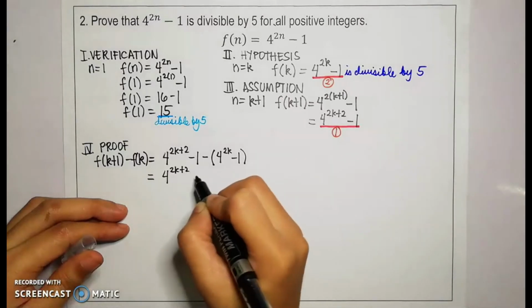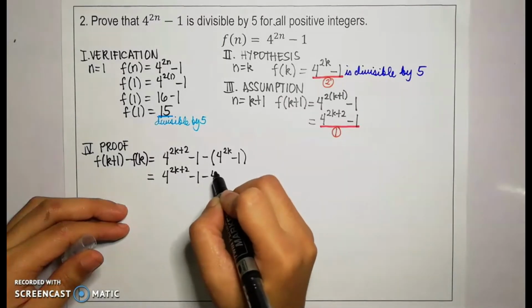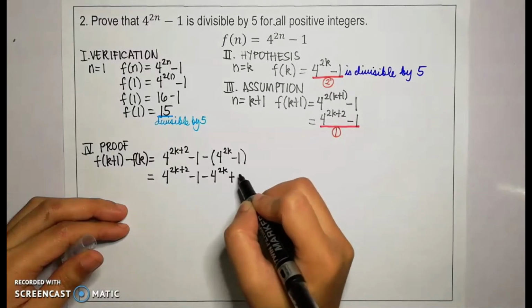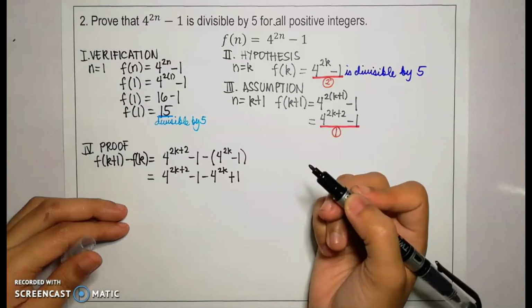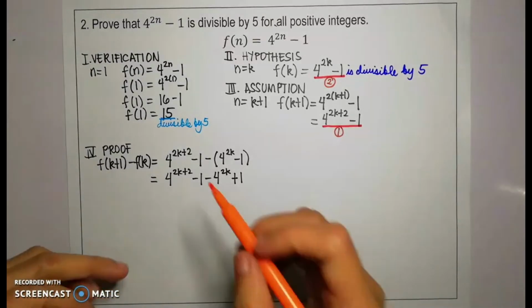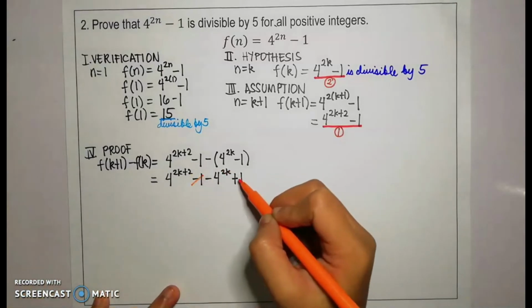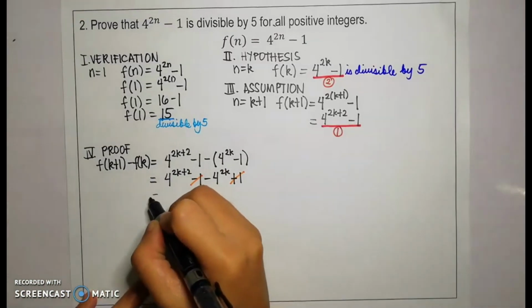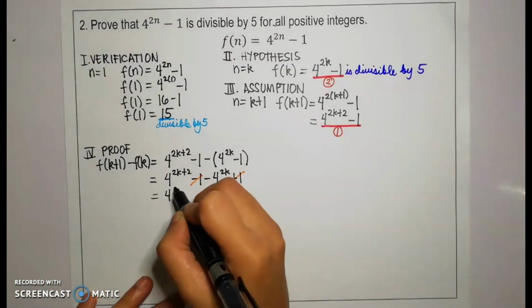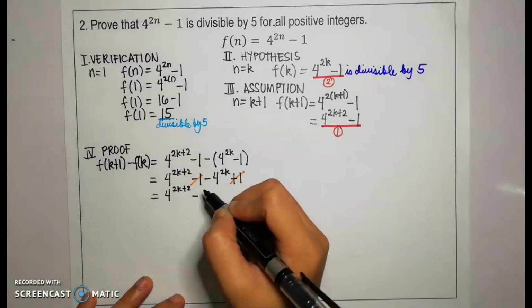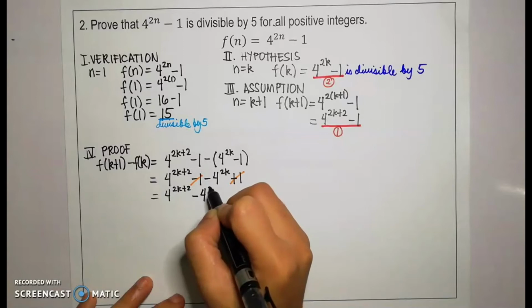So we have 4 raised to 2k plus 2 minus 1, negative 4 raised to 2k, and positive 1. By adding like terms, negative 1 and positive 1 will be 0, and we are left with 4 raised to 2k plus 2 minus 4 raised to 2k.